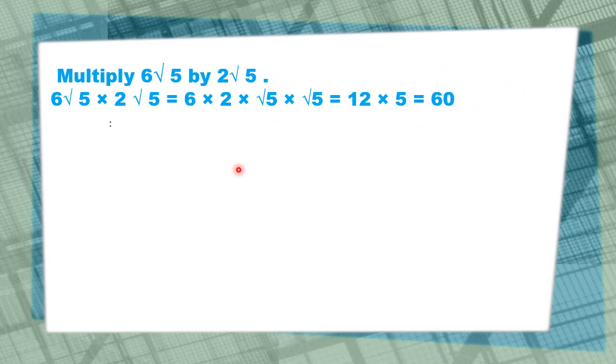So these are exceptional cases where on multiplying an irrational number with an irrational number, you can even get a rational number. Why did we come to this result? Because of this 2 root 5. These two root 5s are making the difference. Equals 12 multiplied by 5 equals 60.